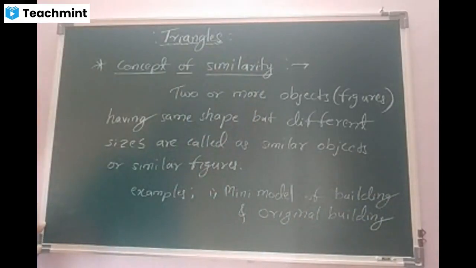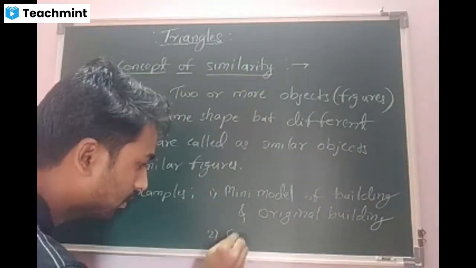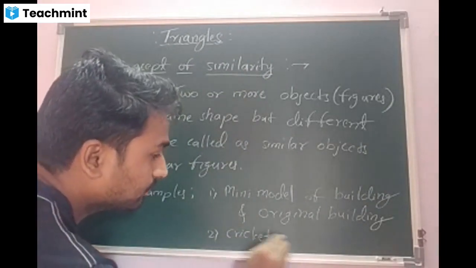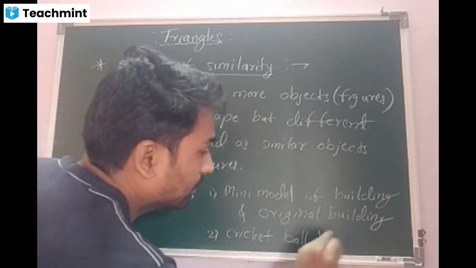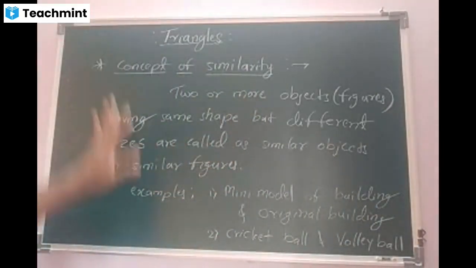This is the first example, beta. The second one, cricket ball and volleyball. Second example. Students, copy fast.